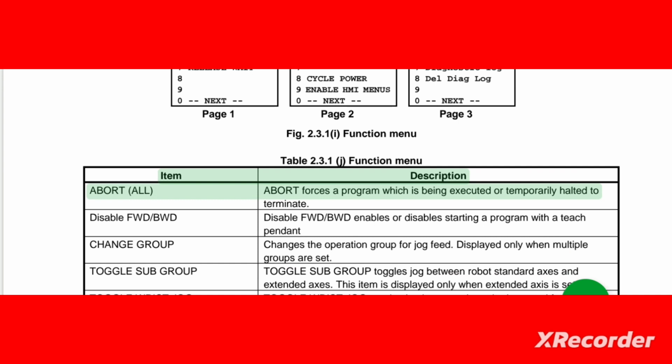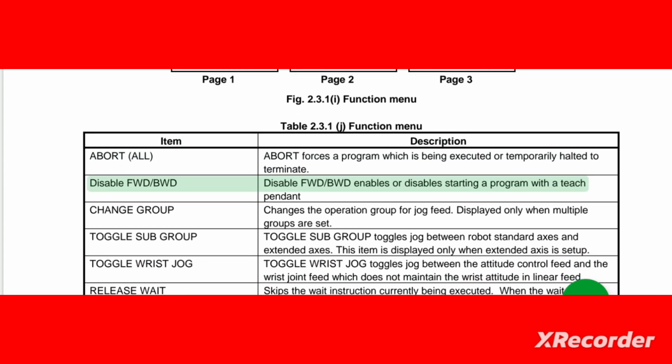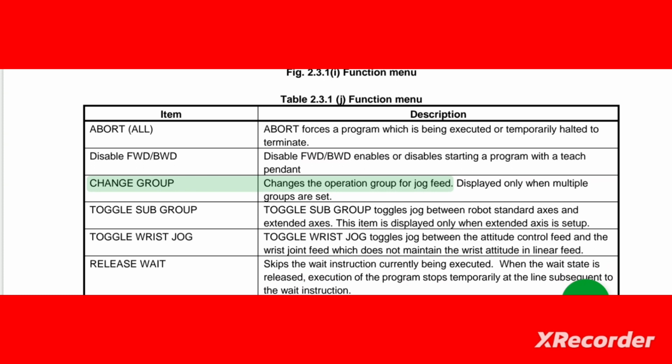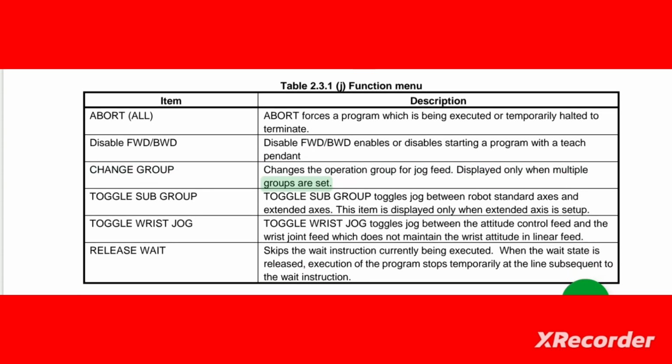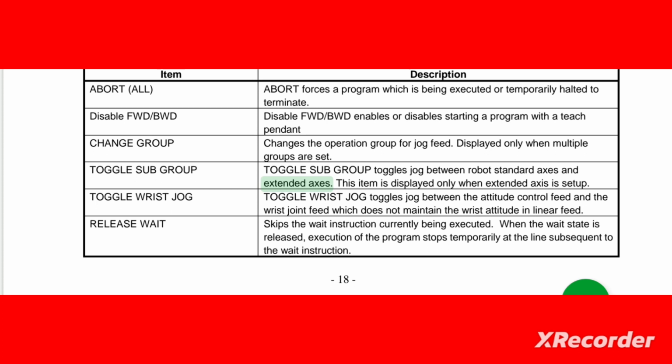Item description. Abort all. Abort forces a program which is being executed or temporarily halted to terminate. Disable FWD/BWD. Disable FWD/BWD enables or disables starting a program with a teach pendant. Change group changes the operation group for jog feed. Displayed only when multiple groups are set. Toggle subgroup toggles jog between robot, standard axes, and extended axes.